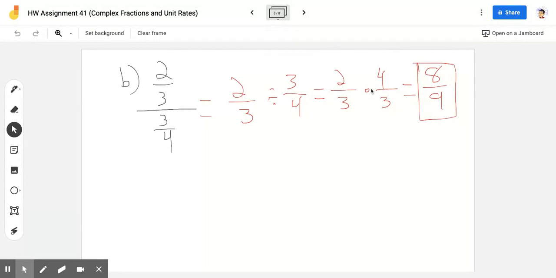Again, we rewrite this as 2/3 divided by 3/4, which is equal to 2/3 times 4/3, because remember we change division to multiplication. We flip 3/4, we take the reciprocal of it. It becomes 2/3 times 4/3, and we multiply, we get 8/9.